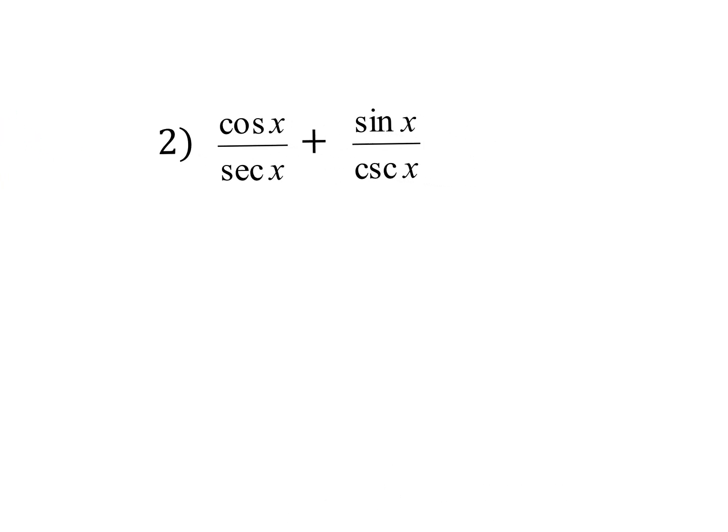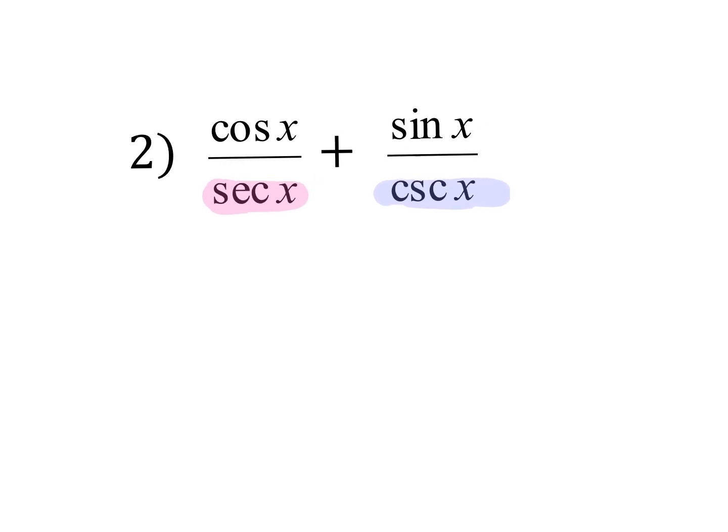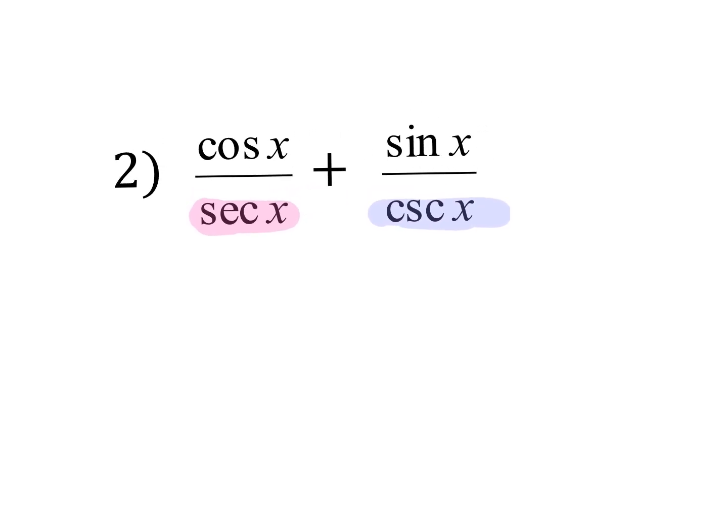Okay. I'm seeing sines and cosines, so I'm going to keep those as they are. But I definitely want to rewrite this secant, and I definitely want to rewrite this cosecant. So let's think about how we're going to rewrite that. Now, part of me says I'm looking at this and I'm seeing fractions that we need to add, so you want to think common denominator, and that could work also.